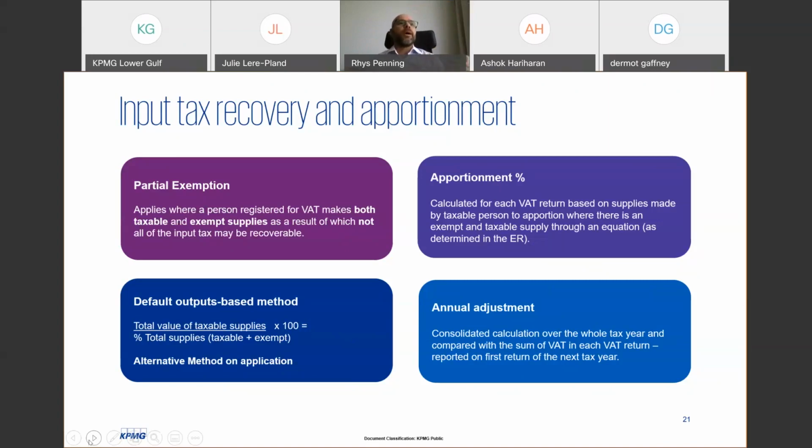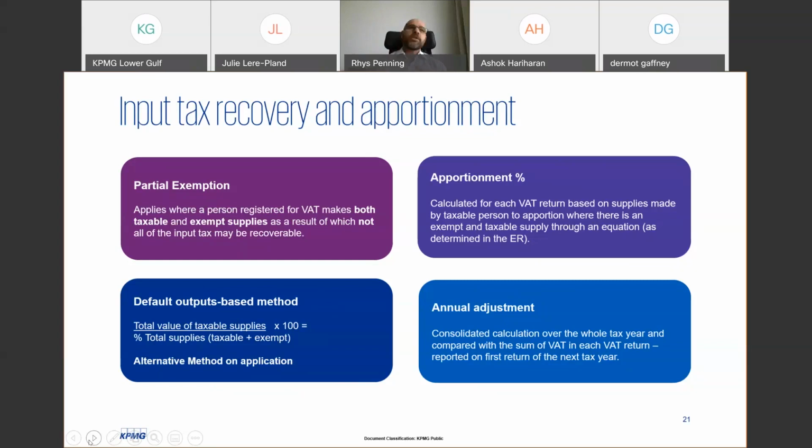So, for instance, if you make 20 riyals of taxable and 80 of exempt, then that formula would be 20 over 20 plus 80, 20%. That formula would tell me in that example that I can claim 100% of all my costs that relate only to taxable, 0% of all my costs that relate only to exempt, and 20% of all the remaining costs that relate to both.